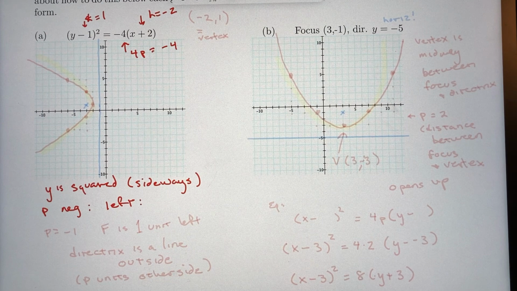So what I do is, first of all, I use two different colors for the focus and the vertex so that I can tell them apart, because otherwise you tend to draw points on the focus instead of the vertex. I'm going to draw the point h comma k, the vertex, and that's the turnaround point that's actually on the parabola.